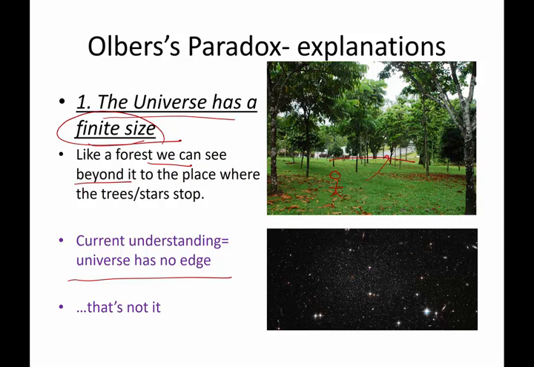If you want to picture the universe as being like the inside of a giant beach ball, but we're talking in more dimensions, multiple dimensions, not just in 3 dimensions. That's kind of how we think the universe is constructed. There is no beginning, there is no end, there is no edge to it. So we're pretty sure the universe does not have a finite size. So that is not the right answer for Olbers' Paradox.